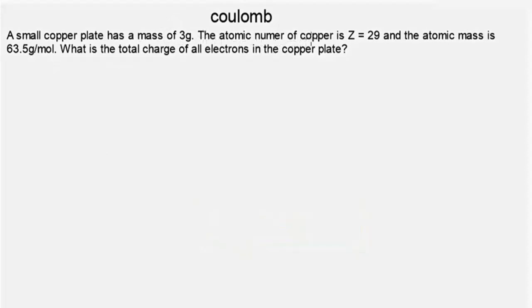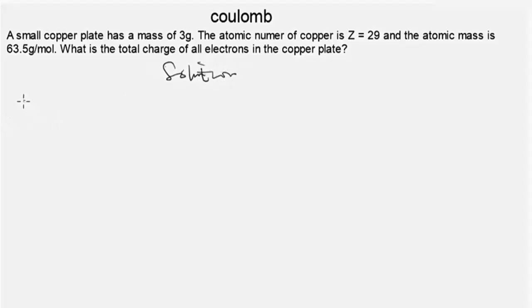The atomic number of copper is Z equals 29 and the atomic mass is 63.5 gram per mole. What is the total charge of all electrons in the copper plate? Now, first of all, we have to consider the N. So we'll have our solution.